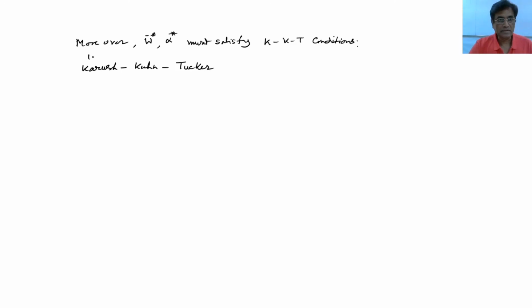Karush in 1939, and Kuhn and Tucker in 1951 developed this condition. As I told you, convex optimization theory is a very well mature, developed field, and they have a lot of mathematical proof and formulation.